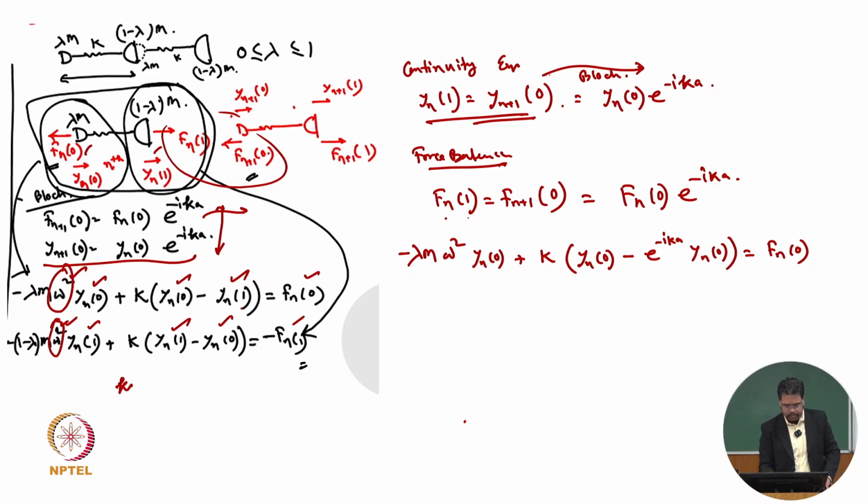Agreed? All of you? Minus 1 minus lambda m omega square yn1. Instead of yn1, I am writing yn0 e to the power of minus ika.